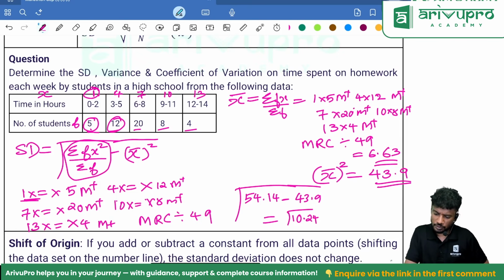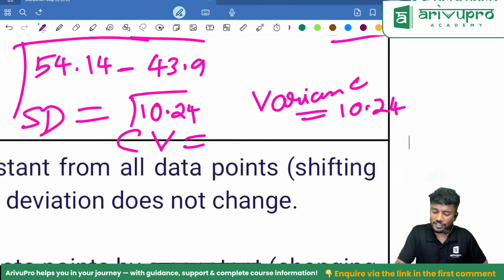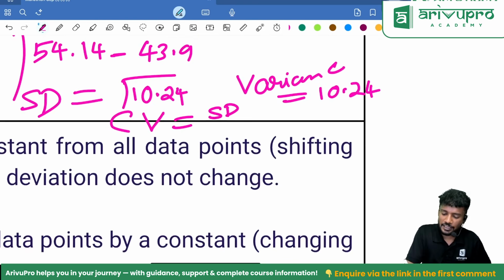Everyone got the same thing? Yes. That means the standard deviation is equal to this much. Then variance is nothing but 10.24. Now you tell me what is coefficient of variation. Coefficient of variation is standard deviation divided by x bar into 100.